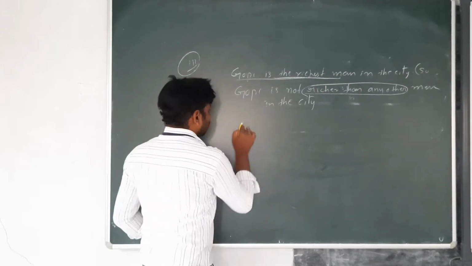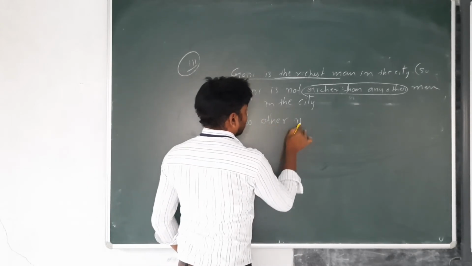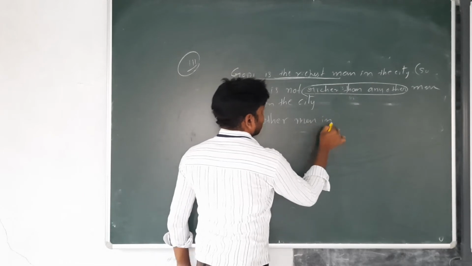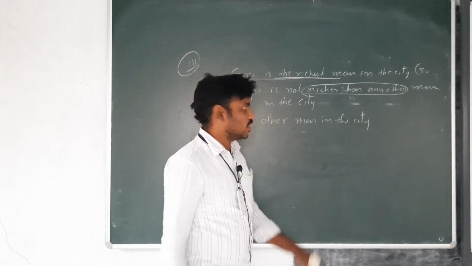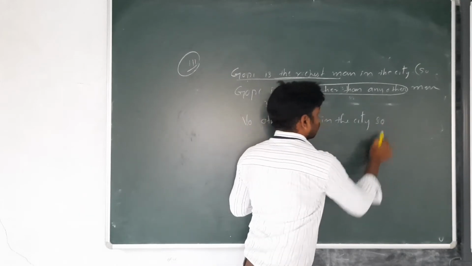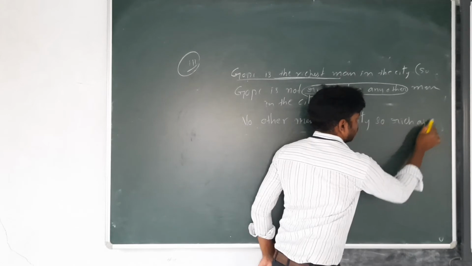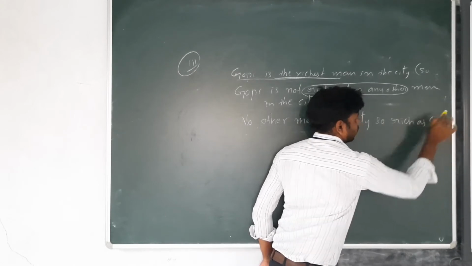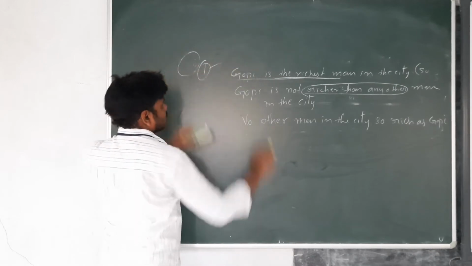Now let us see, no other man in the city so rich as Gopi. This is the first type in this kind of sentence when we compare.